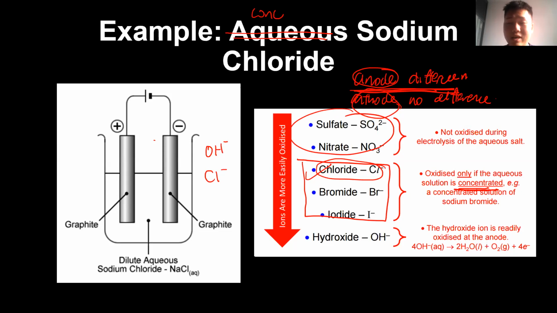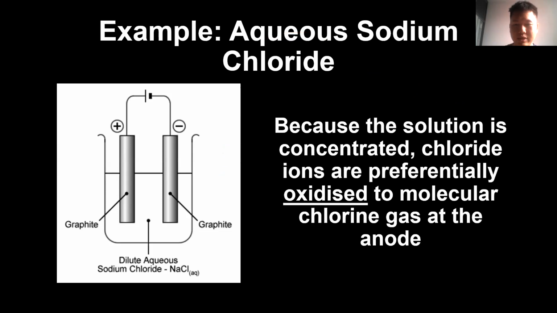So it's not feasible to allow these ions to be discharged. Because the solution is concentrated, chloride ions are preferentially oxidized to molecular chlorine gas at the anode.